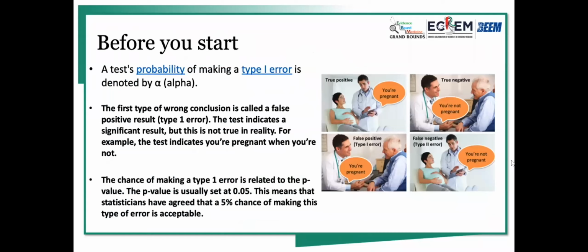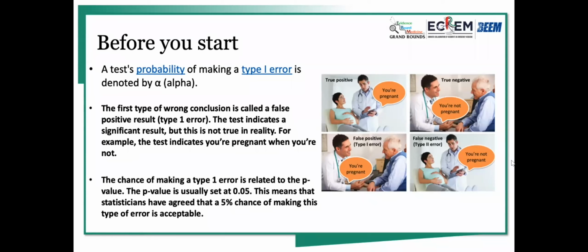Imagining that the pregnancy test is a study. So the probability of making a type 1 error, is called a false positive error in terms of the test, is defined by the alpha value.